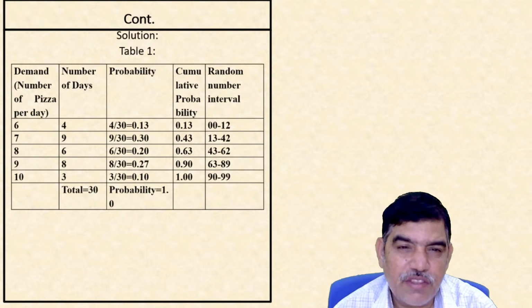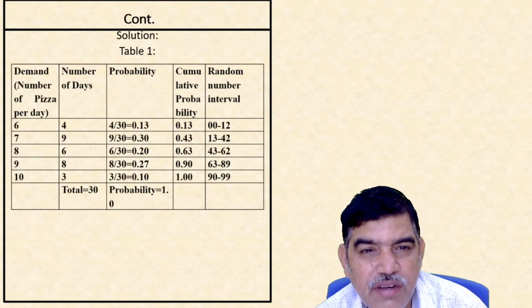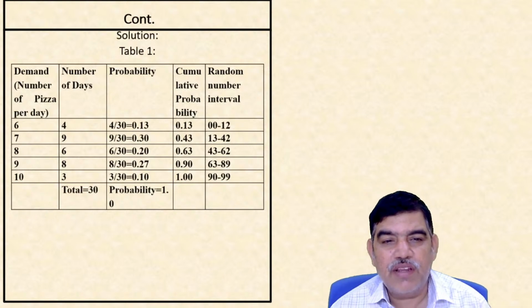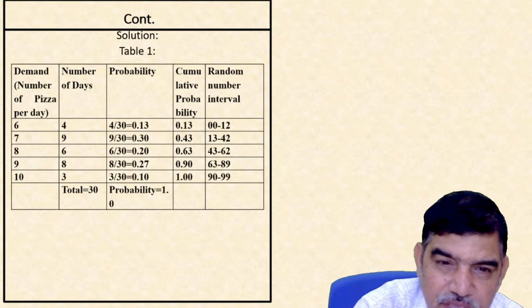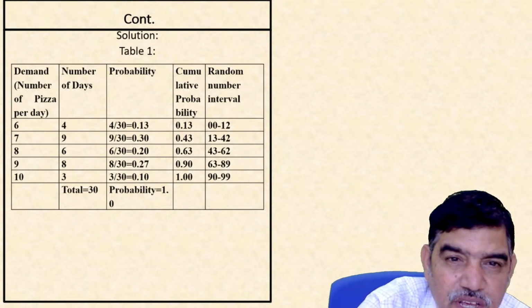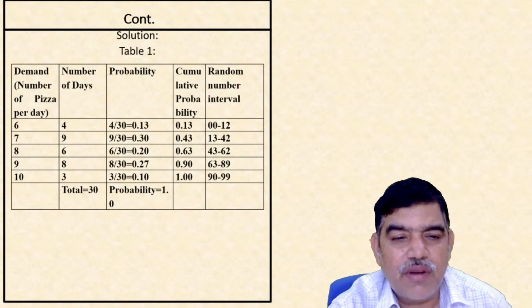For 0.13, if you start from 00, then we end at 12, so 00 up to 12. Similarly, 13 up to 42, 43 up to 62, 63 up to 89, 90 up to 99. So you have to generate the random number intervals.